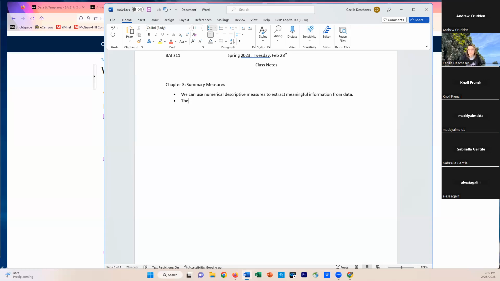These measures provide precise, objectively determined, in other words, there's no opinions here, values that are easy to calculate, interpret, and compare with one another.